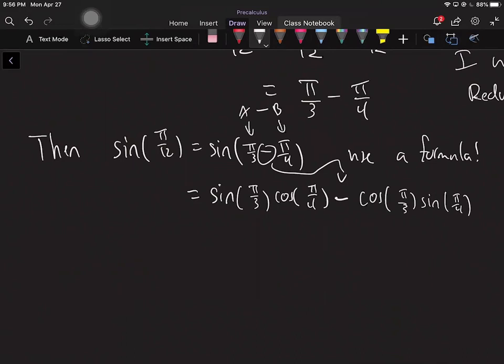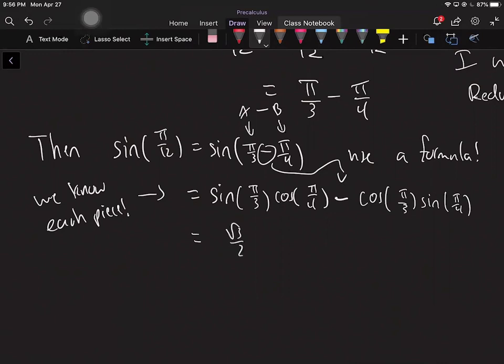Okay, so the point is that I understand all of these smaller pieces. I know what sine of pi over 3 is, or I'm supposed to remember that, so we know these pieces. Okay, so what is sine of pi over 3? Let's see, I have to think about that. Root 3 over 2.